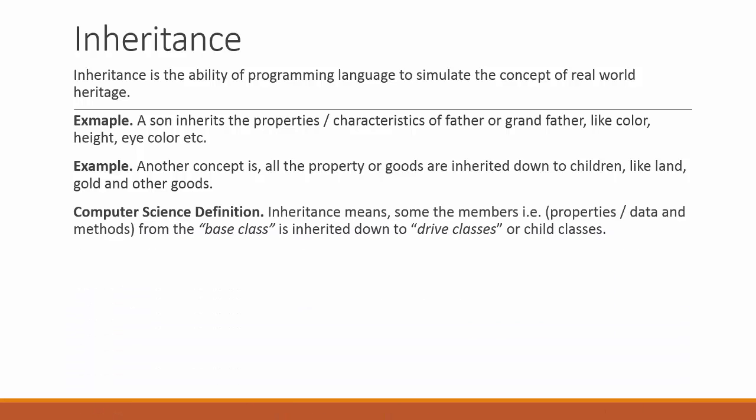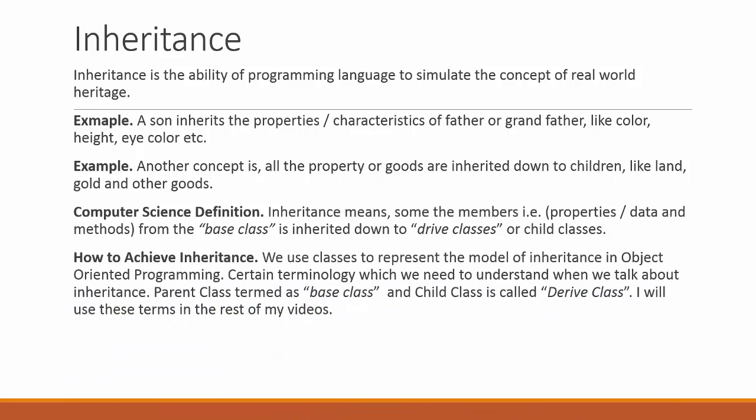So in a similar manner, if we simulate this real world concept of inheritance in computer science, the definition becomes that inheritance means some of the members, like properties or data and methods, from the base class are inherited down to the derived class or child classes, right? Just focus on these two words, base class and derived classes. I will get back to these words later.